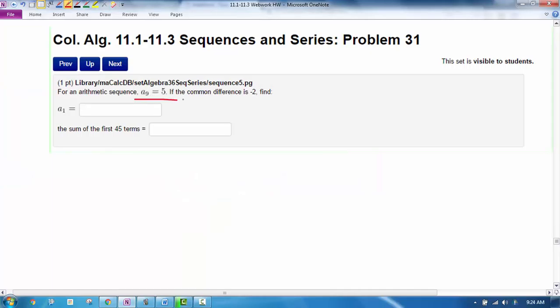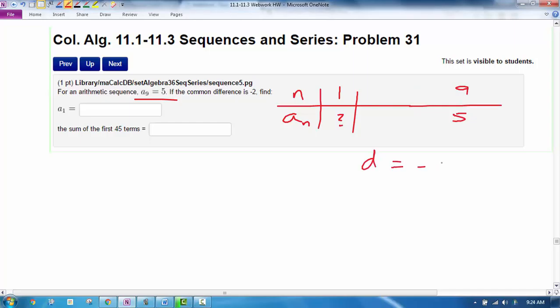Okay, the next problem gives us an arithmetic sequence. It says the 9th term is 5, the common difference is -2. So here's my table. We don't know the first term, but we do know the 9th term is 5, and we also know the common difference is -2. So we want to find the first term.